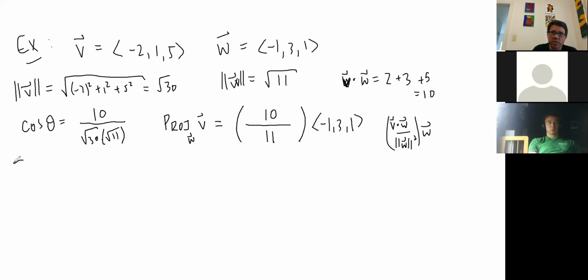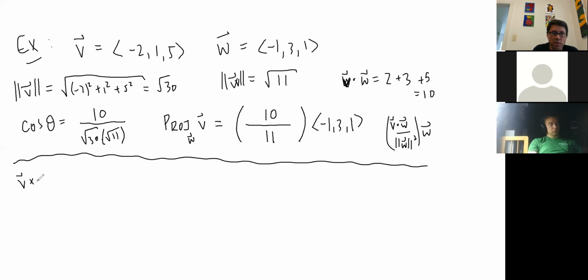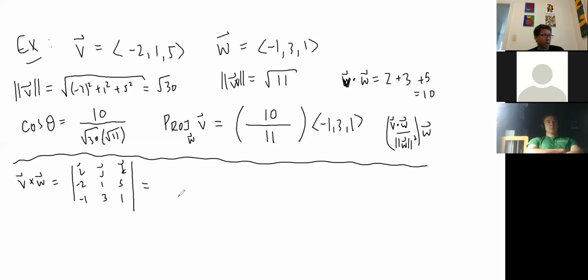So that's sort of a lot of the dot product stuff in there. For the cross product, V cross W, take I, J, K, minus 2, 1, 5, minus 1, 3, 1. And then I have to work out all of these little subdeterminants in here.